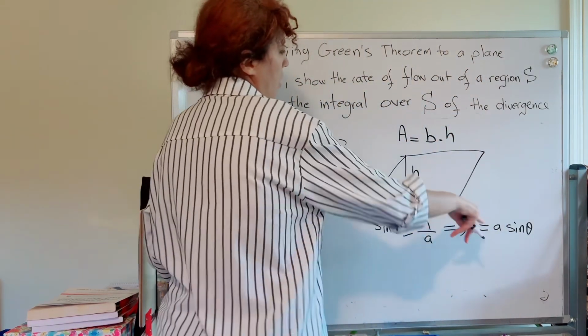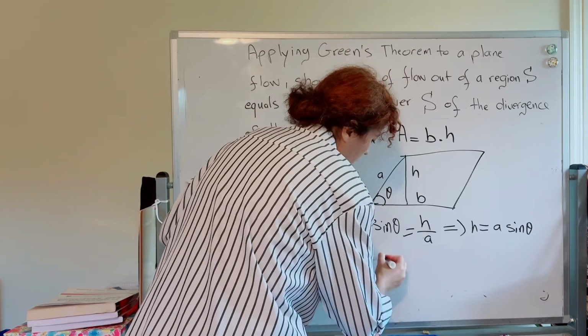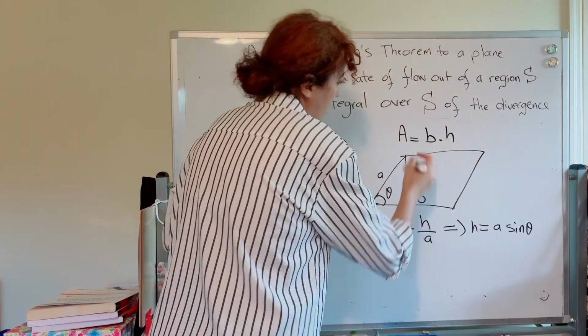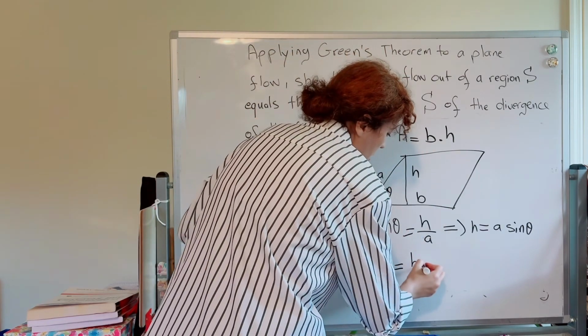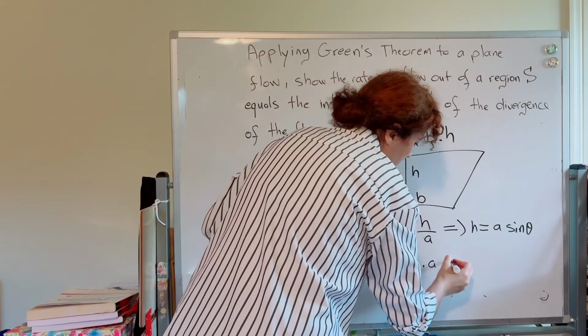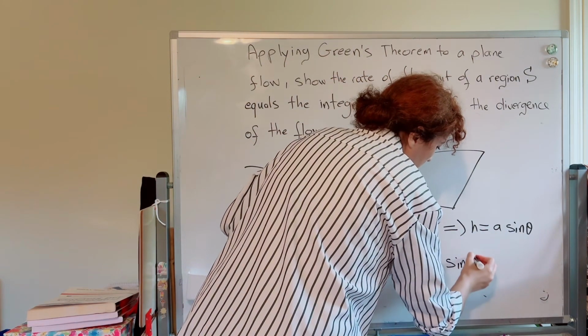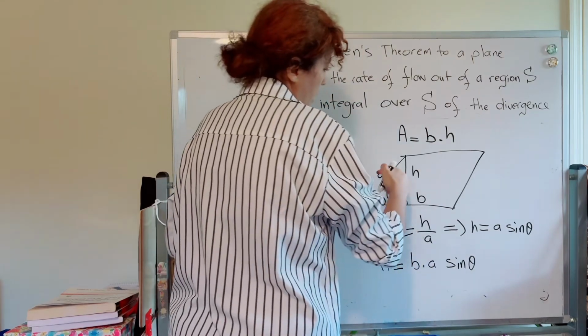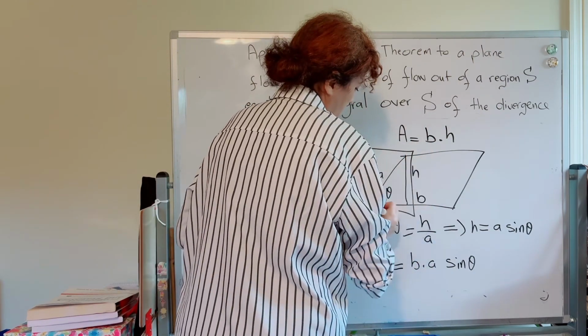If we substitute that in the equation of the area, the area is B times A sine theta. And we can see this from this triangle.